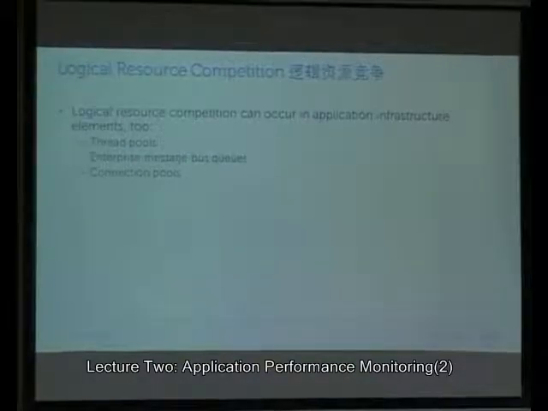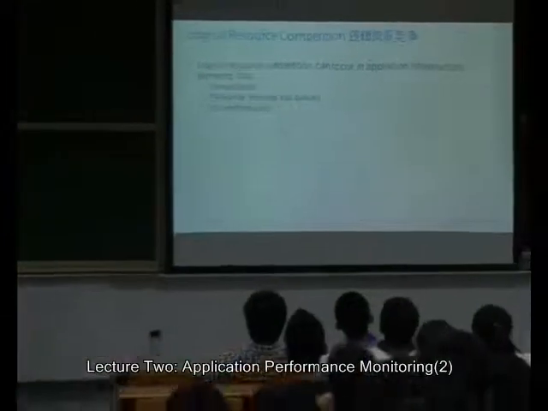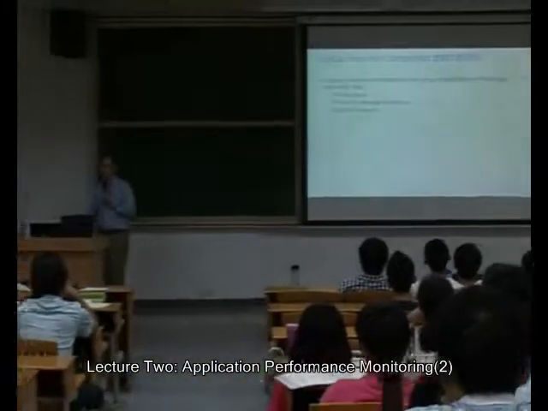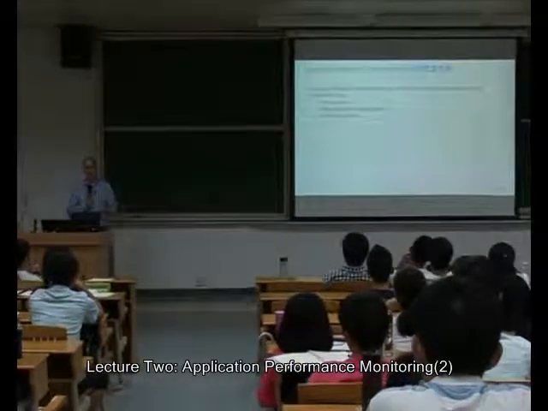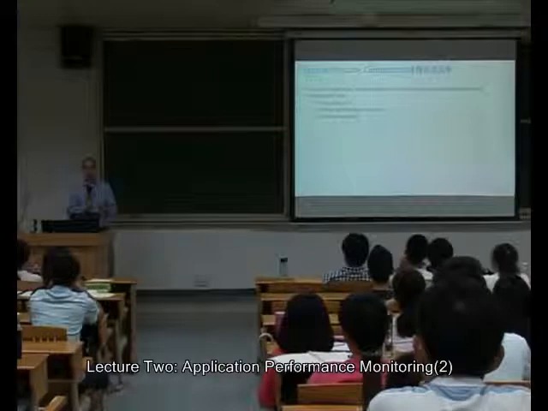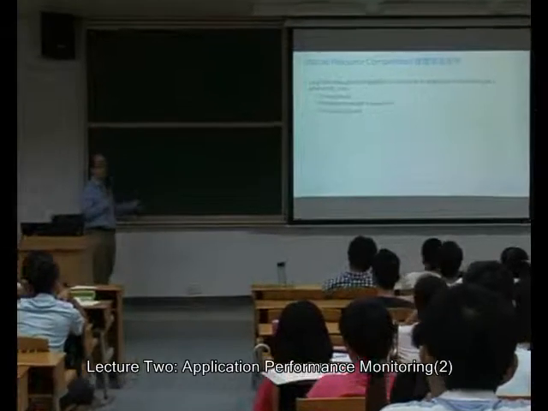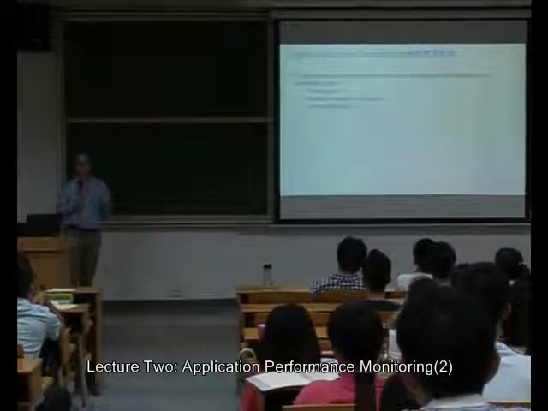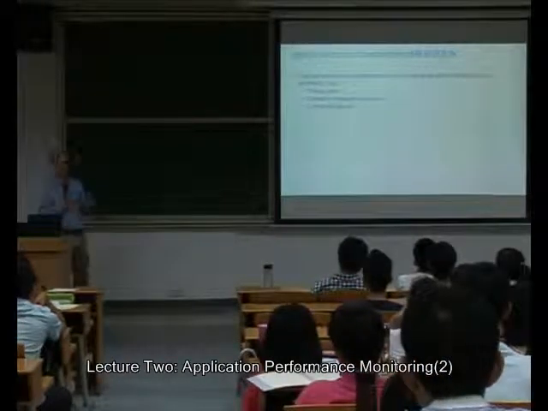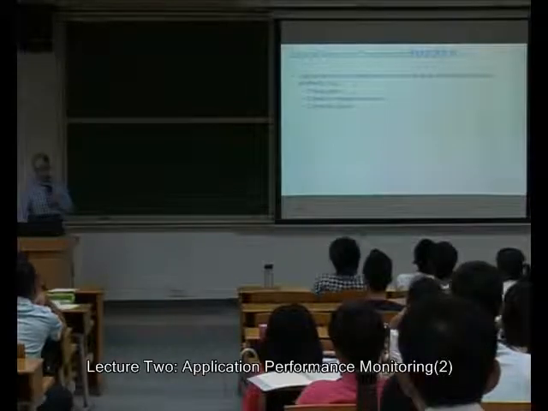There's another kind of resource competition for logical resources. And these are things like thread pools. How many threads am I running? If your application asks for more, it's got a limit. These are usually like sizes of arrays in some system setting. Like there might be a number of file handles open, or this one is connection pools.